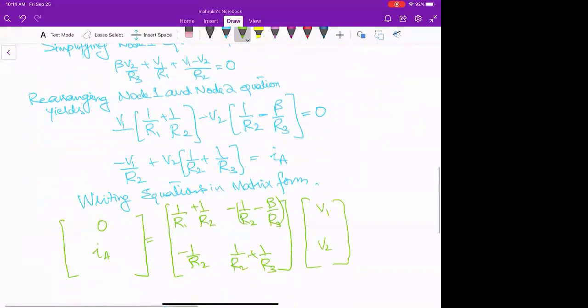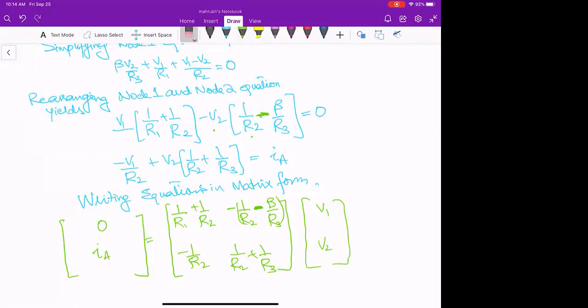Just a minute. Minus 1 over R2. I think there is a mistake in the book, because our equation is fine, I feel. This should be minus inside. See, this should be minus inside. It's good. And this should also be good, because if your beta is positive, you are taking V2 out, your 1 over R2 is positive, and then this is fine. Okay, I think we are good.